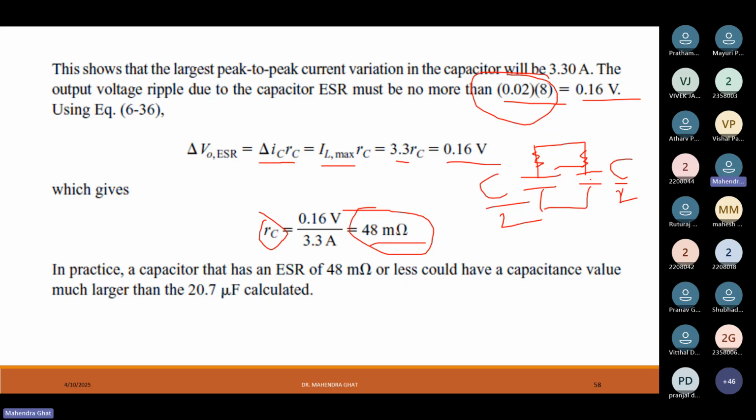So you'll get the equivalent: RC by 2, whatever RC value each has, and a capacitance of C. Like that, you have to connect capacitors in parallel to get this value.